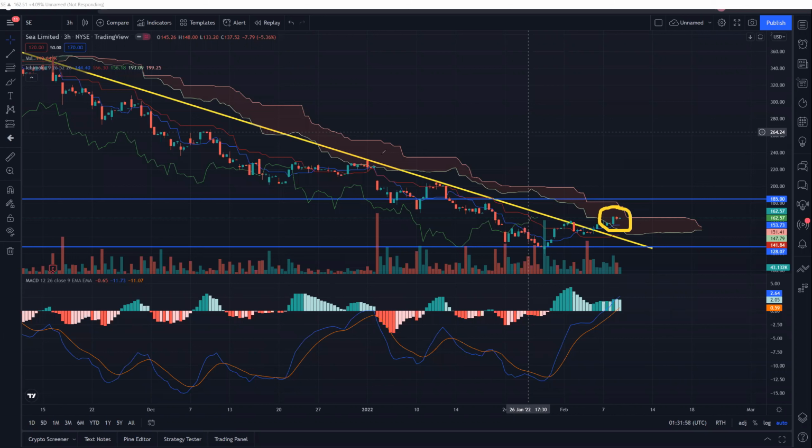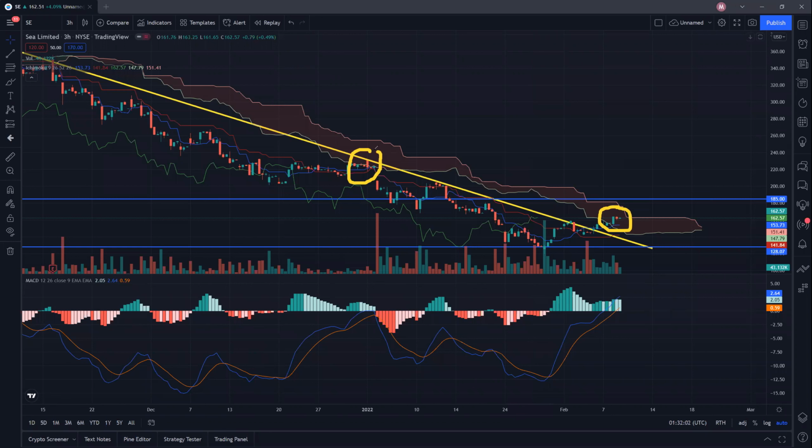So on the 3-hour chart, we never actually went above the cloud before. We tried going above the cloud, but we failed and came down. So now is the only time we are in fact trying to go above the cloud. If we manage to go above the cloud on the 3-hour chart, that's where we clear a certain resistance. Then we may potentially break out further.